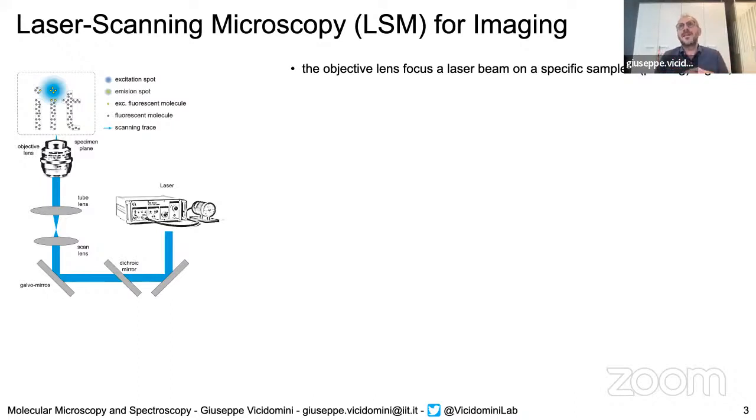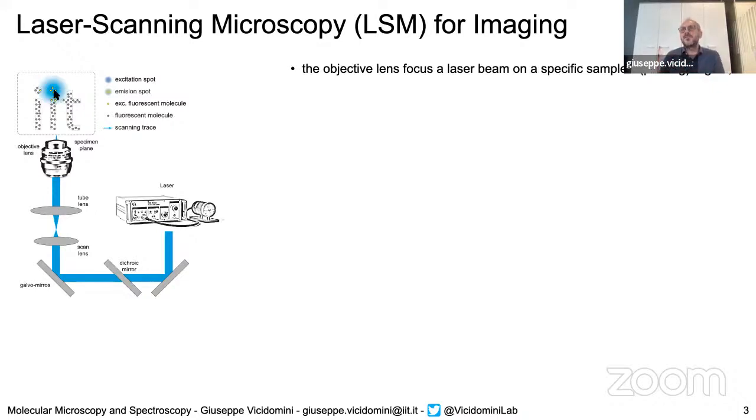To do that, let me recap very fast how a laser scanning microscope works. In a laser scanning microscope, you take a laser and you focus this laser with an objective lens on your sample, a fluorescent sample. When you shine this light on a specific point, typically a diffraction limited region, it has a dimension of a few hundred nanometers.